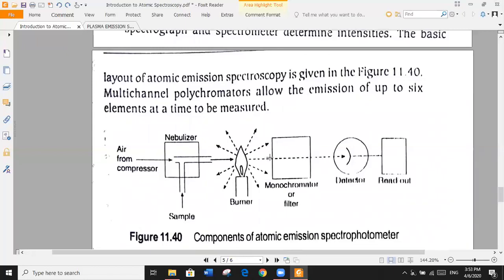So the electrons of these atoms firstly go to a higher energy state, then they emit a photon to come down to the ground state.